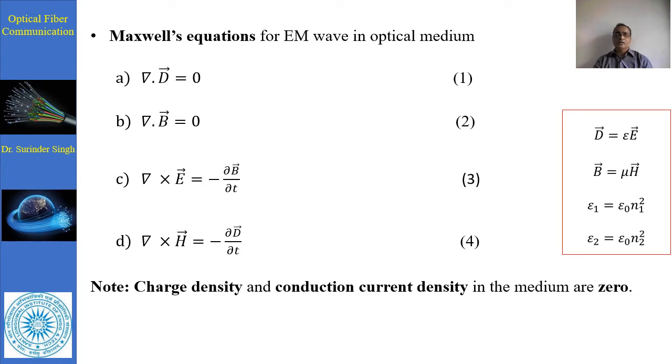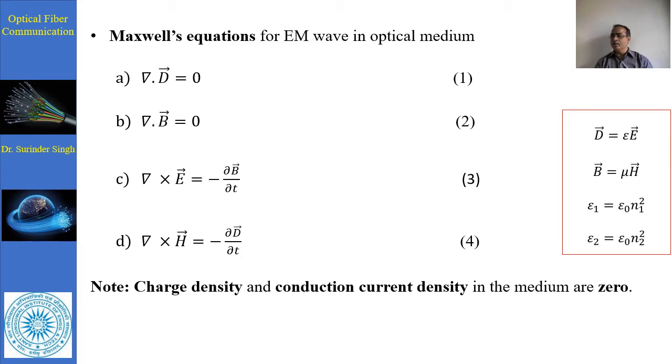Another is the curl equations: del cross E is equal to minus dB upon dt, and del cross H is equal to dD upon dt, and the charge density and conduction current density in the media are 0, which we have already considered, and there is no current and free charge which we have considered.